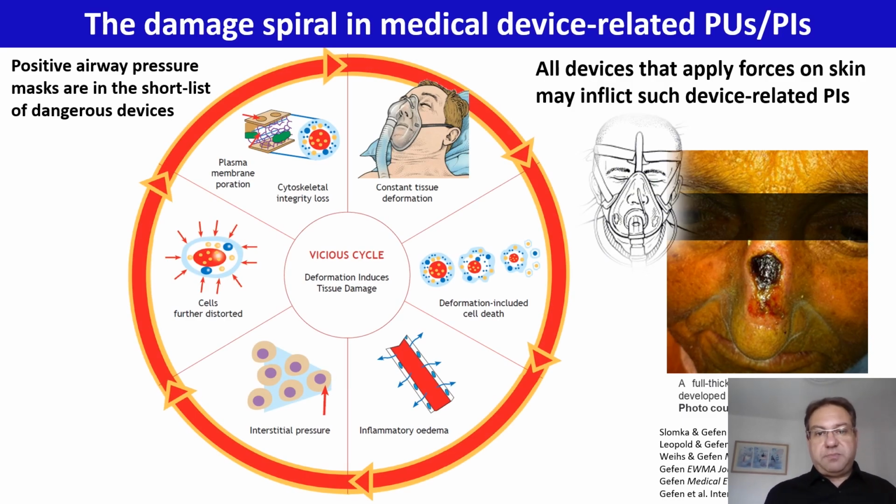But as I said, this is just the beginning, because once these first cells have died because of the exposure to deformation, the body activates the immune system as the first response, and tries to recruit white blood cells to target that cell damage site and migrate into it in order to prepare the grounds for tissue repair.